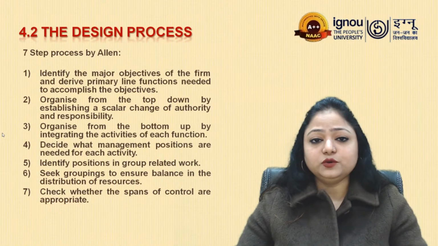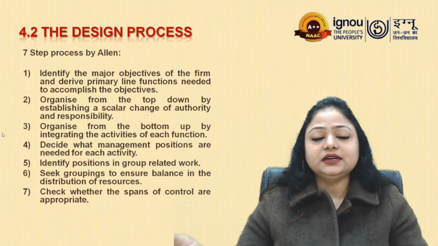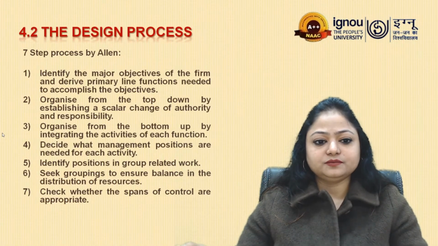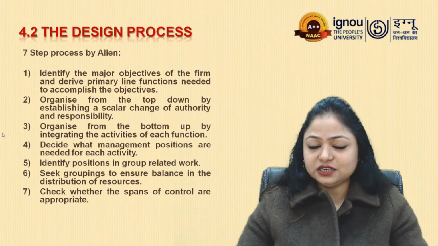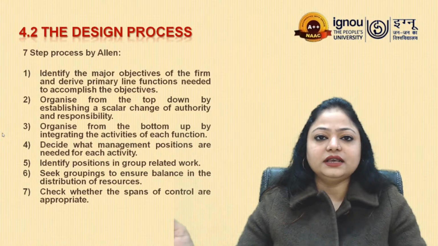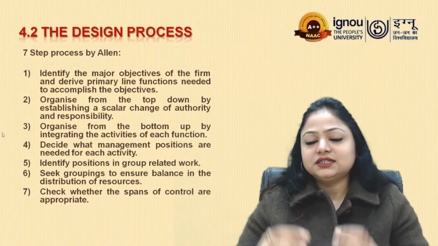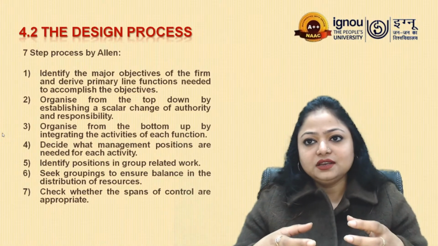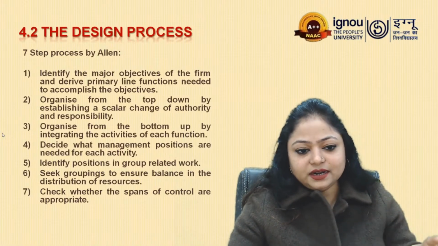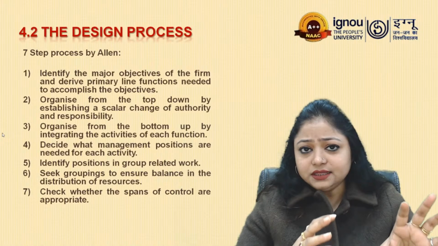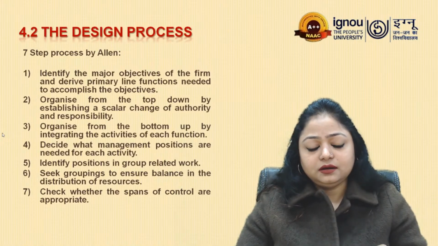Then identify positions in group related work, team related work. Like the activities related to human resource management should be clubbed together and called the human resource department. Activities done for research and designing should be done in a separate department, and that can be termed the research and development department.